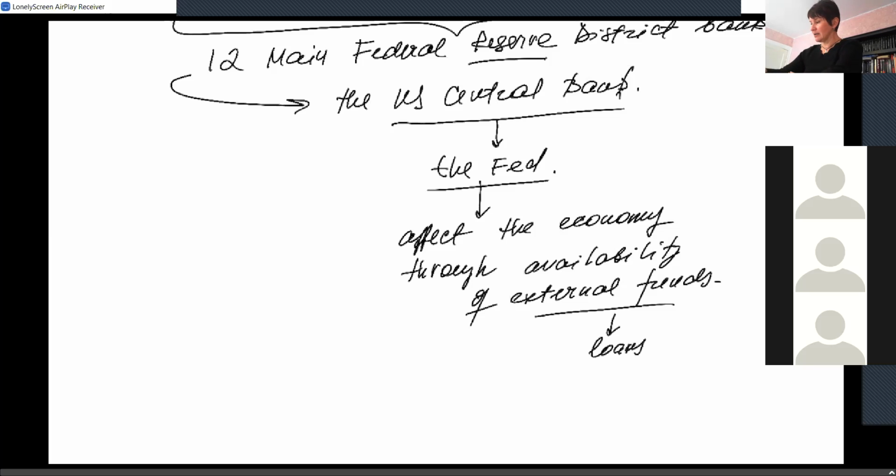There are times when it's very easy to get a loan, and there are times when it's extremely hard to get one. Who manages the system? Who makes it harder or easier to get these loans? The Fed. And that's exactly what we will be discussing in this chapter.